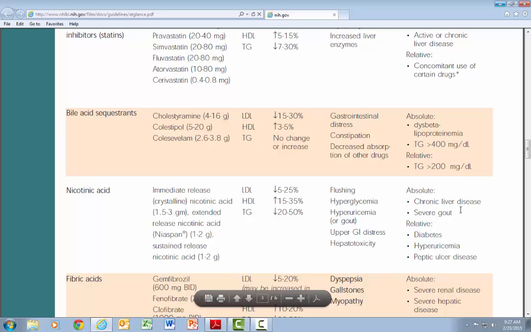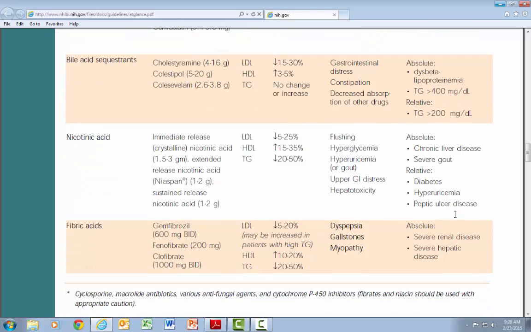Now, again, absolute contraindications, the same as statins, will be any liver disease. In addition, nicotinic acid will increase the production of uric acid, so severe gout will be another contraindication. Okay? Absolute contraindications for fibric acid will be the same, hepatic disease. In addition to that will be severe renal disease.